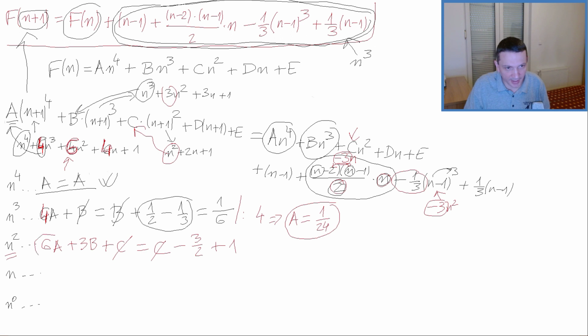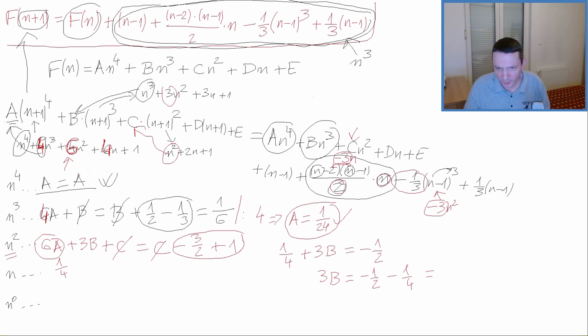We use that 6a is actually 1/4 using this, and finally we obtain that 1/4 plus 3b is equal to this, minus 3/2 plus 1, which is minus 1/2, and so 3b is equal to minus 1/2 minus 1/4, which is minus 3/4, and dividing by 3 we obtain that b is equal to minus 1/4.